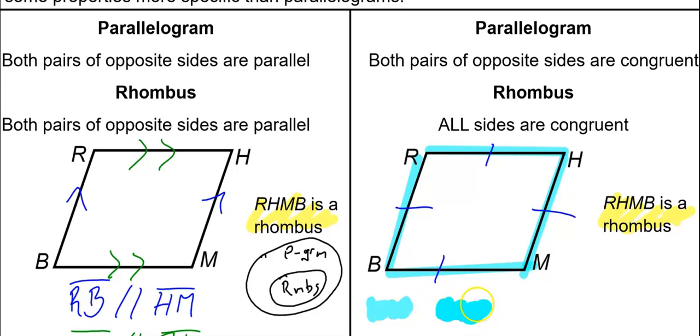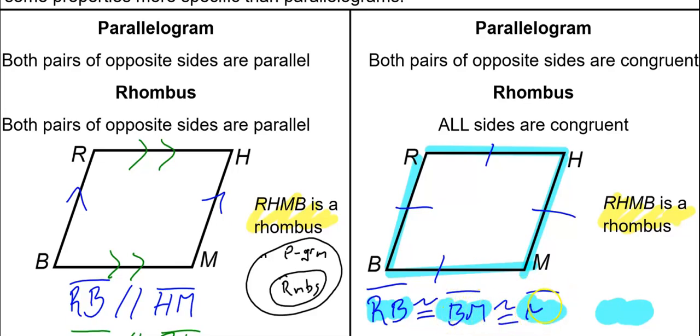Left is congruent to bottom, is congruent to right, is congruent to top. Segment RB is congruent to segment BM, and that is congruent to segment MH, and that's congruent to segment HR. All of my segments are congruent. It still applies to that rule for parallelograms.